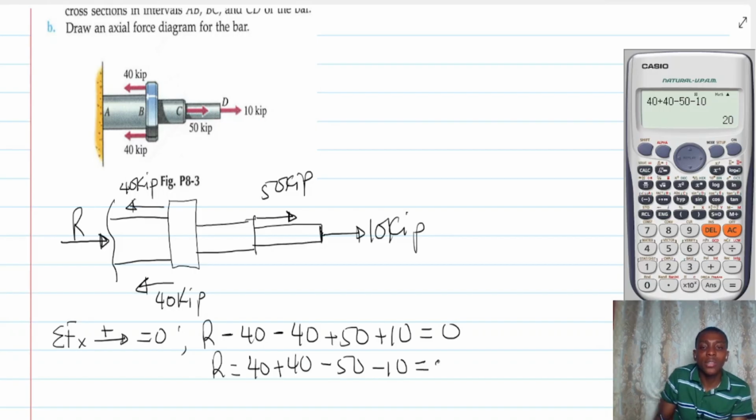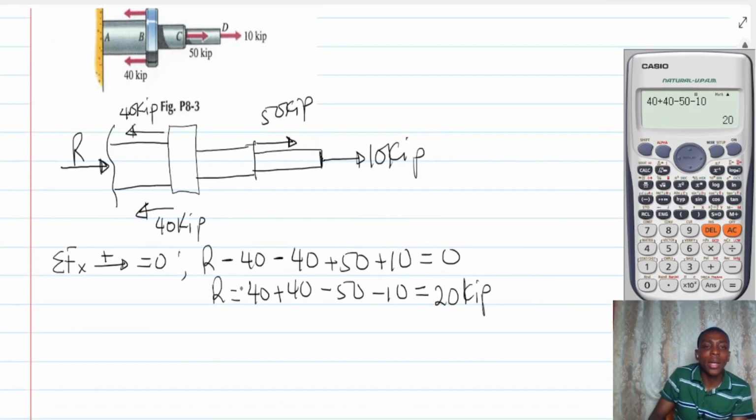So R is 20. Now what this means is that if R is 20, then we can go back and put 20 over here. And that is the reaction force from the wall to the bar.